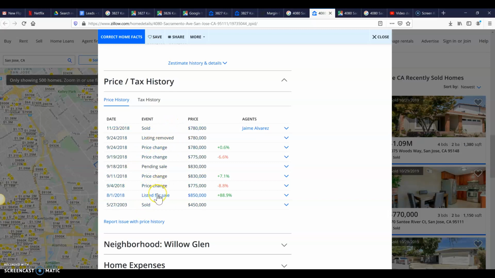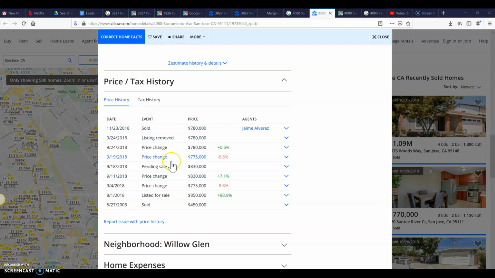And the reason why I want to make a very big emphasis on this: price change, none of that stuff counts. Price change, listing removed, none of that stuff counts. Sold date, it's not relevant, okay?